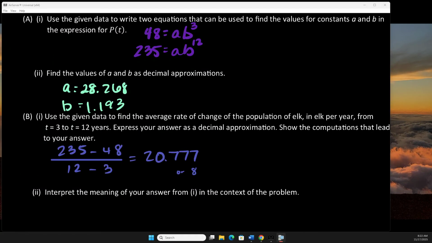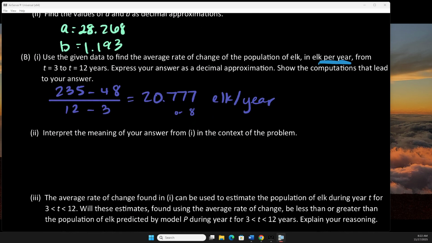It doesn't matter how you do it. And I'm going to write that this is elk per year. You do not have to write the unit there. They tell you the unit in the problem, but it helps to do the next question if you do write the unit.